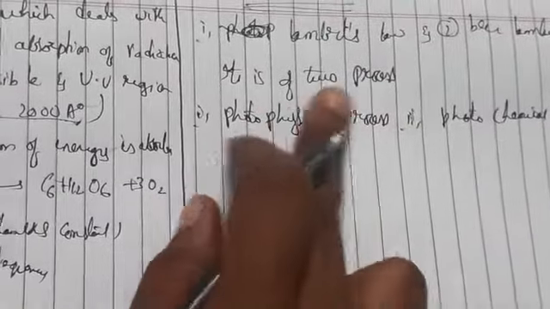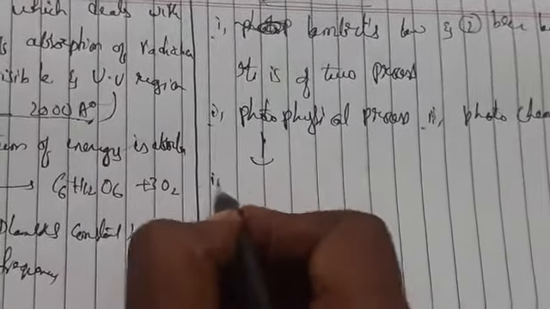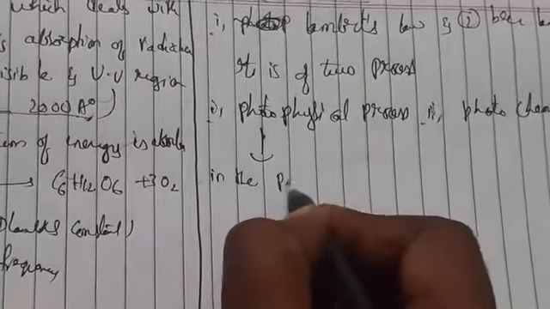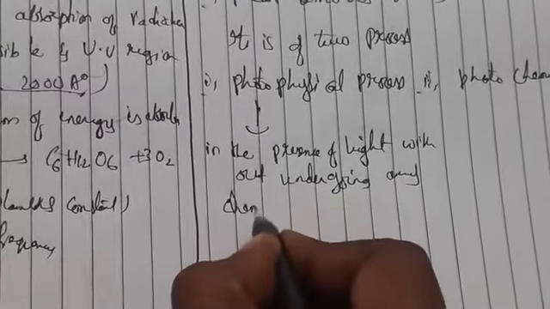It will absorb light without undergoing any chemical change. So what is photophysical? Physical means what? In the presence of light, without undergoing any chemical change, we call it a photophysical process.